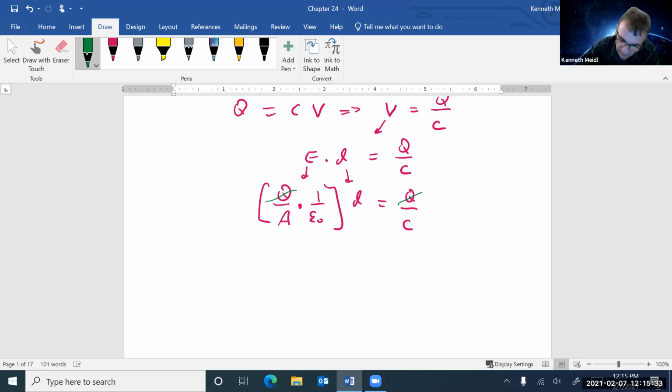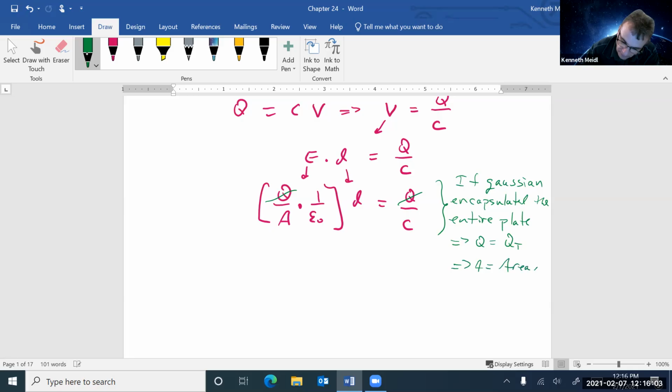So that's probably worth making note of: if the Gaussian encapsulated the entire plate, that implies that the Q I have enclosed is Q total, that's on a plate, and the area would be the area of the plate. We'd have that whole area there. This might not be a bad way of going about taking a look at this.